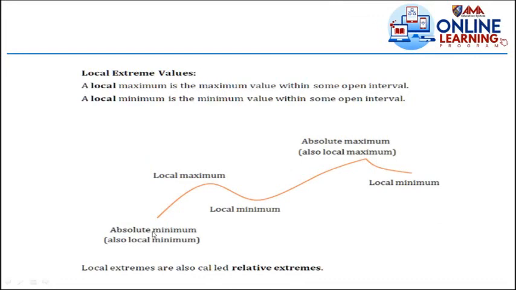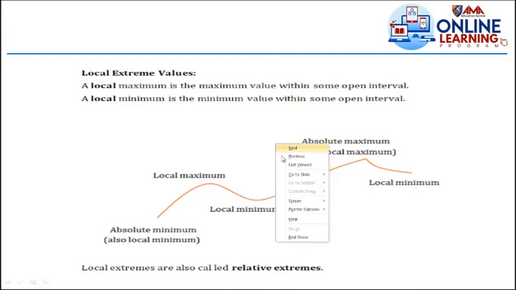So this now the absolute minimum, also local minimum, no? Ito po siya. Then we have your local maximum, open interval po siya, and this your local minimum with some open interval. Okay? Ito po siya. Absolute or local maximum, okay? Then we have your local minimum.